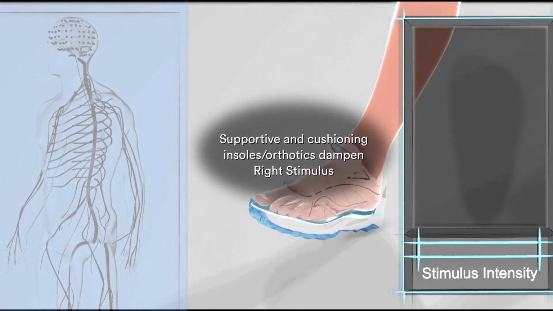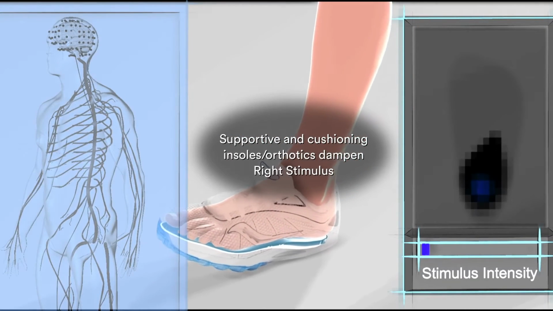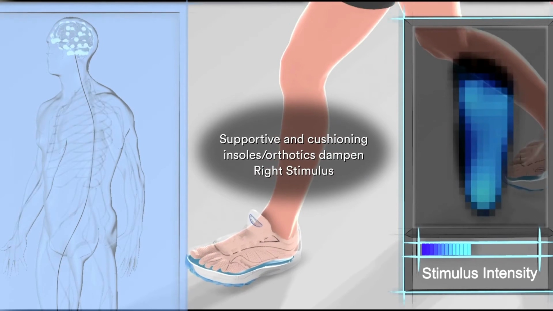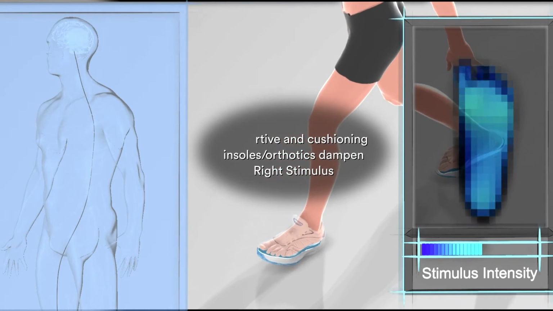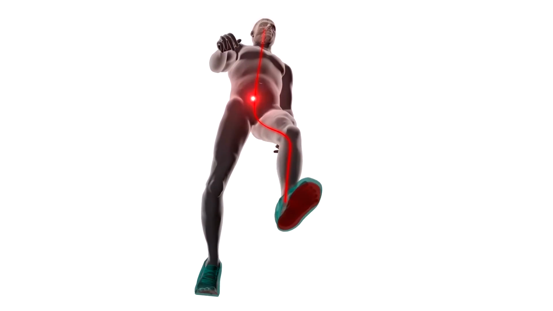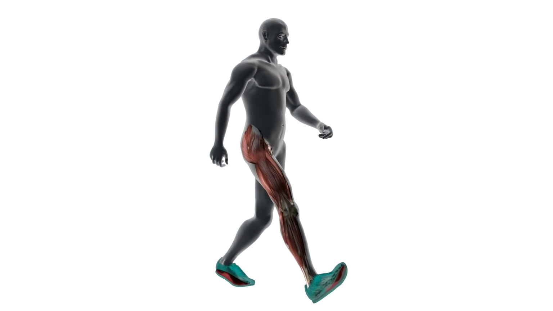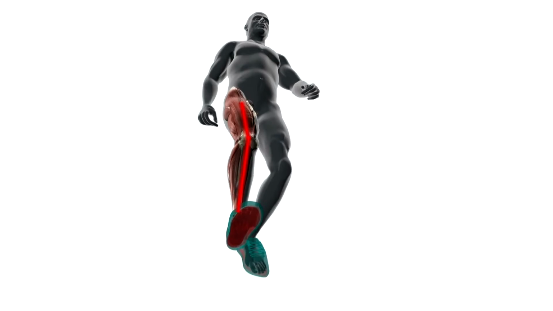Conventional footwear impairs optimal foot function in two ways. First, most conventional footwear dampens right stimulus. This is particularly true for shoes or insoles that support or cushion our feet. They spread the forces evenly across the soles of our feet, creating sensory input that's muted and repetitive, step after step.